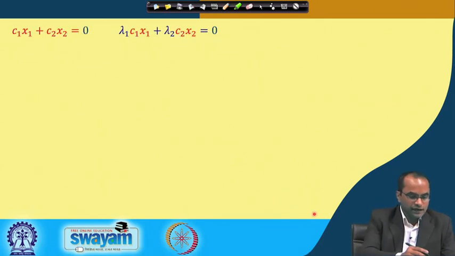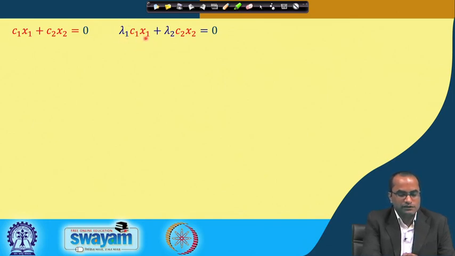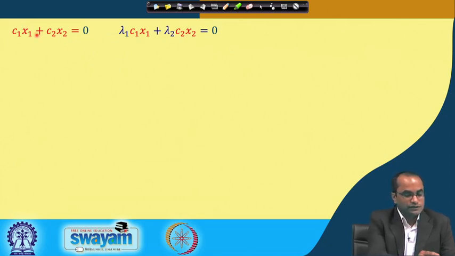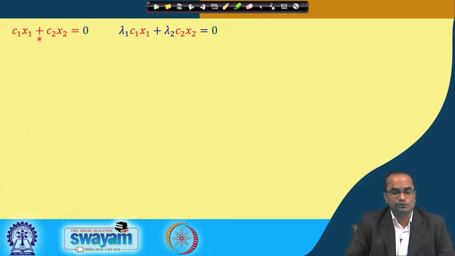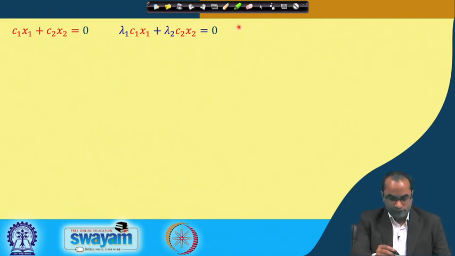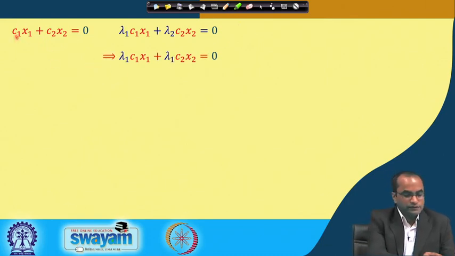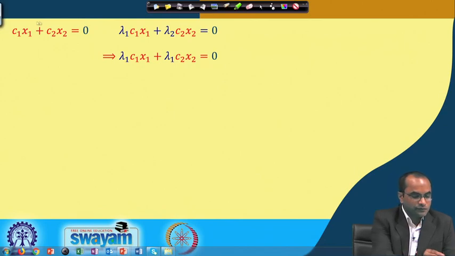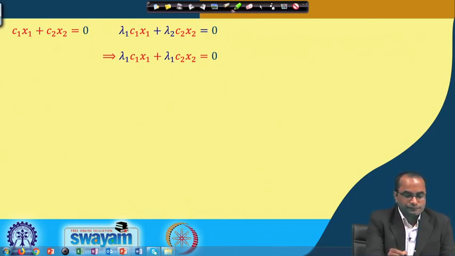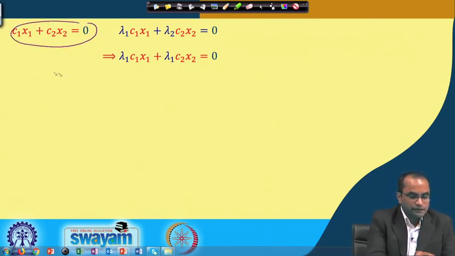So we have two equations now, C 1 x 1 plus C 2 x 2 is equal to 0, and lambda 1 C 1 x 1 plus lambda 2 C 2 x 2 is equal to 0. So, we want to solve now for C 1 x 1 and C 2 x 2. So, what we do, we multiply equation number 1 by lambda 1.